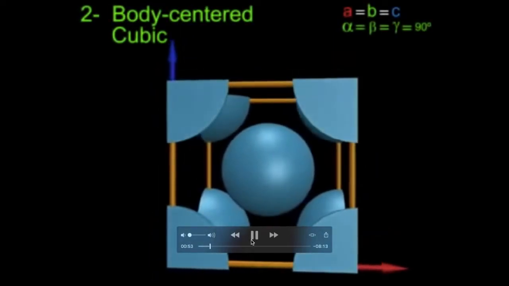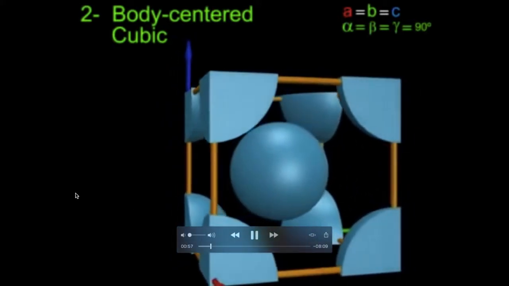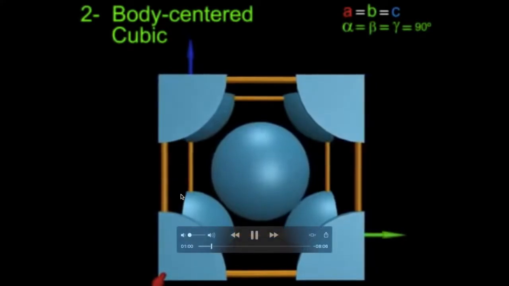In body centered cubic, a particle is present at the center of the unit cell as well as at the corners of the unit cell.